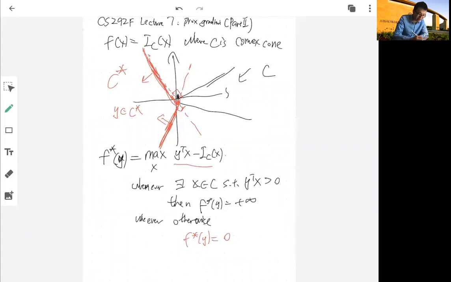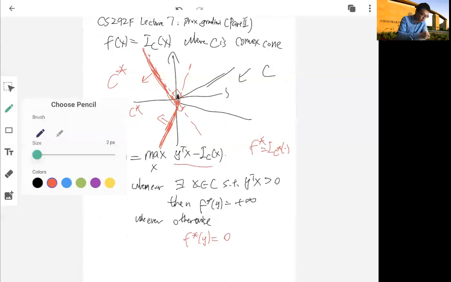And what does it say? It checks the definition: this f star is actually an indicator function of this C star.